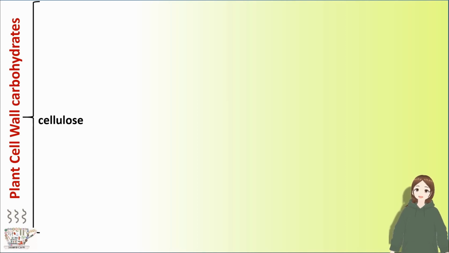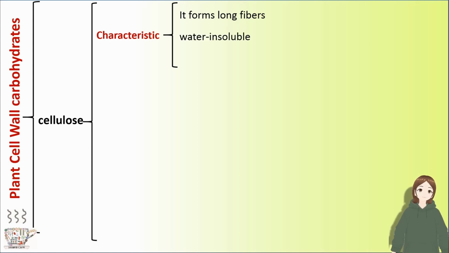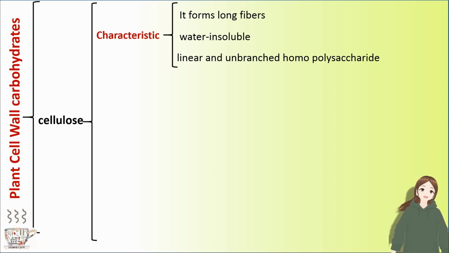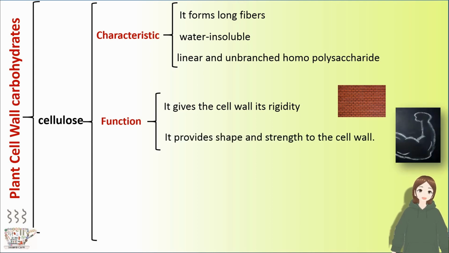The main carbohydrate in plant cell wall is cellulose. It forms long fibers, it's water-insoluble, and a linear and unbranched homopolysaccharide. It functionally gives the cell wall its rigidity and provides shape and strength to the cell wall.